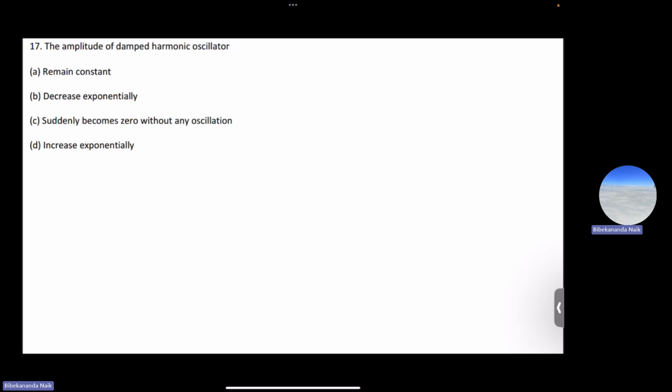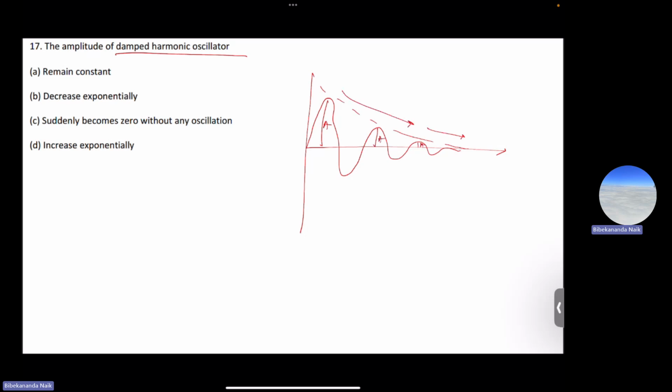This is a case of a damped harmonic oscillator. In a damped harmonic oscillator, its amplitude decreases exponentially. After each oscillation, its amplitude goes on decreasing. So the correct option will be option B, decreases exponentially.